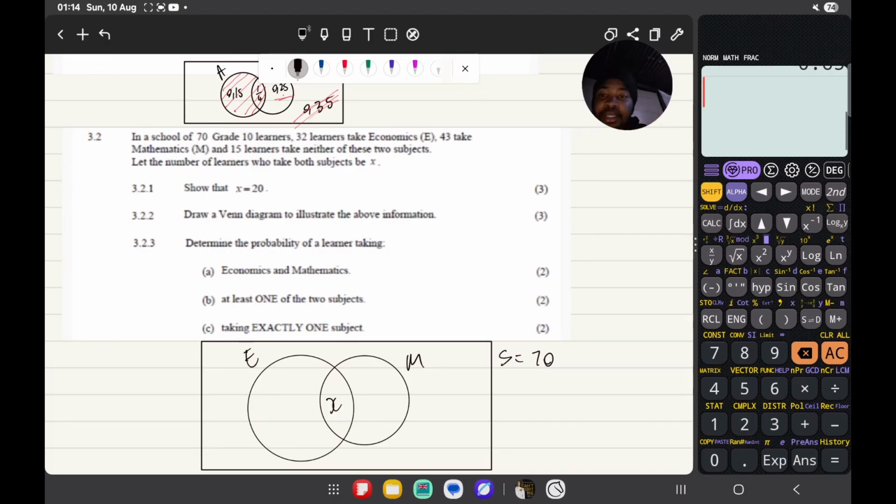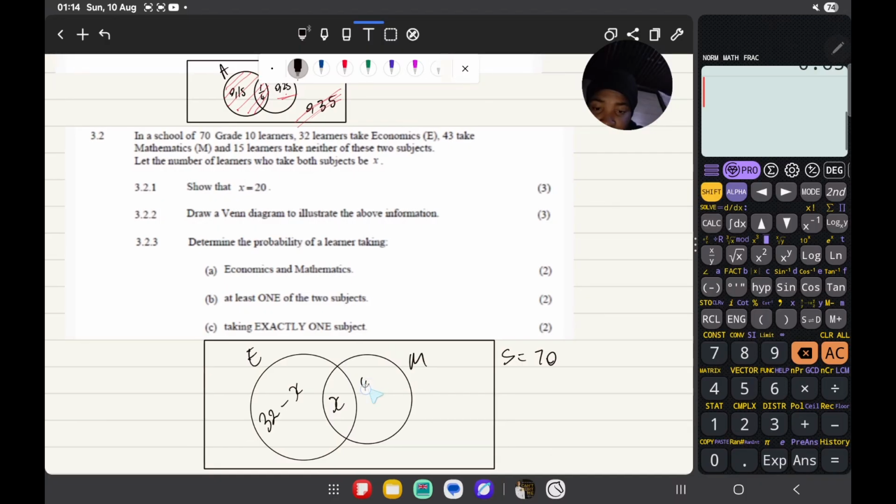The number of kids taking economics is 32, so here I'm going to write 32 minus X, because the whole circle of economics must add up to 32. And here I'm going to have 43 minus X. Then 15 learners take neither of these subjects, so I have 15 outside here.